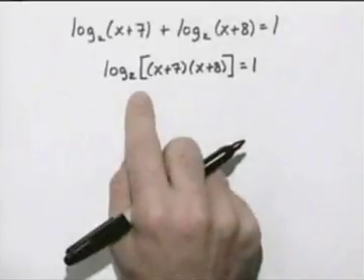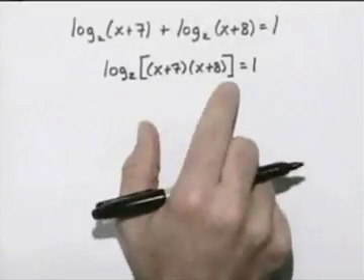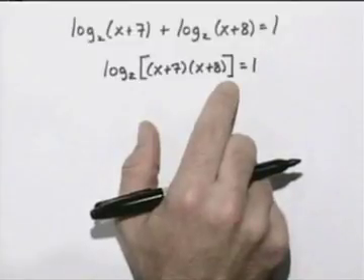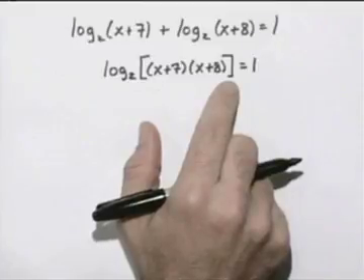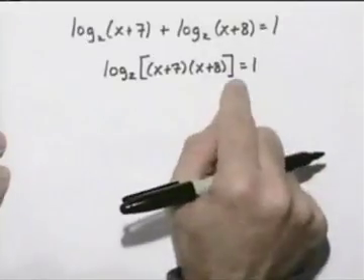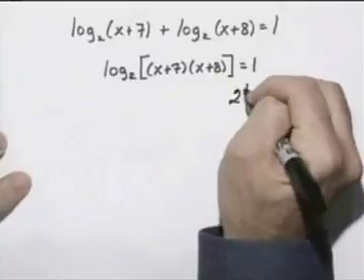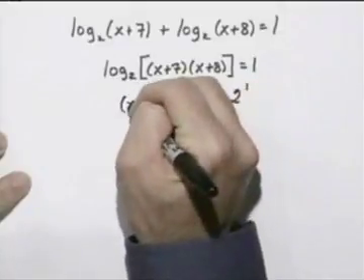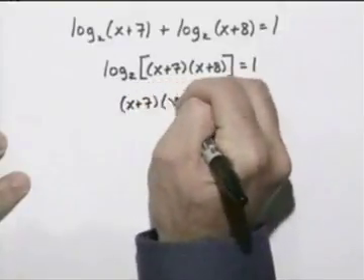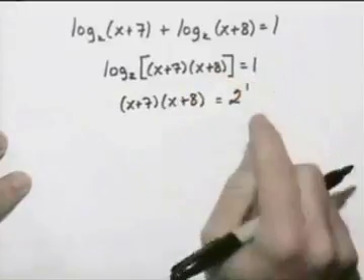Now, as is typically the case, when you have a log equation, you want to try and rewrite it as an equivalent exponential equation. Remember, y equals log base a of x implies a to the y equals x. So here, 2 to the first power is going to equal (x plus 7) times (x plus 8).